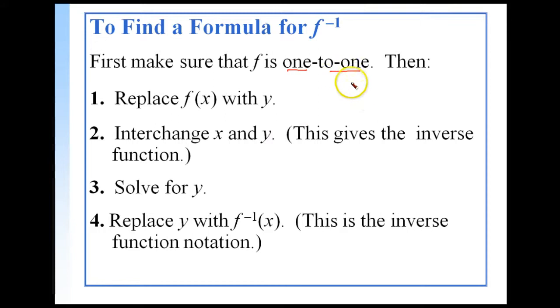Well, the first thing you do, let me give you an example here. So this would be f of x equals 2x plus 1. And this is a linear equation. It is a 1-to-1 relationship, so it does have an inverse.